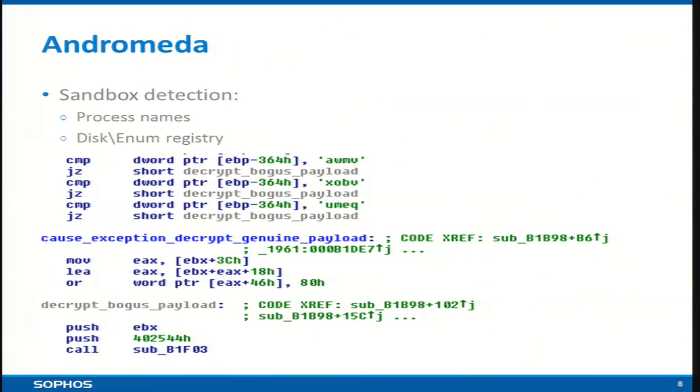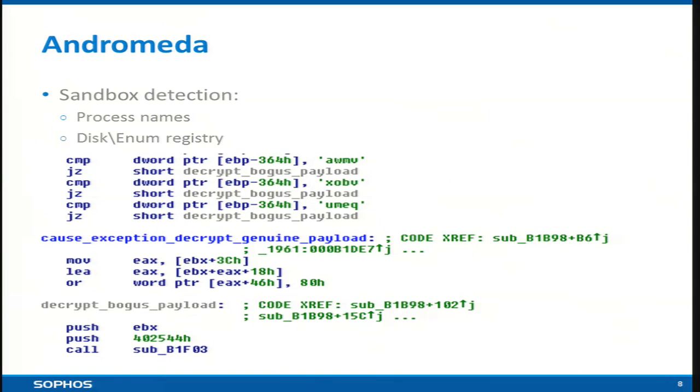And it uses a variety of different techniques to detect it's running in a sandbox, including looking for process names belonging to analysis software and guest addition software, and also looking for giveaway strings in the registry. So when Andromeda detects that it's running in a sandbox, it decrypts and then executes a bogus payload.